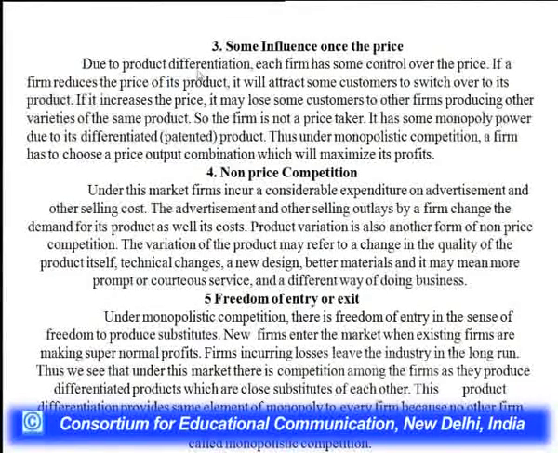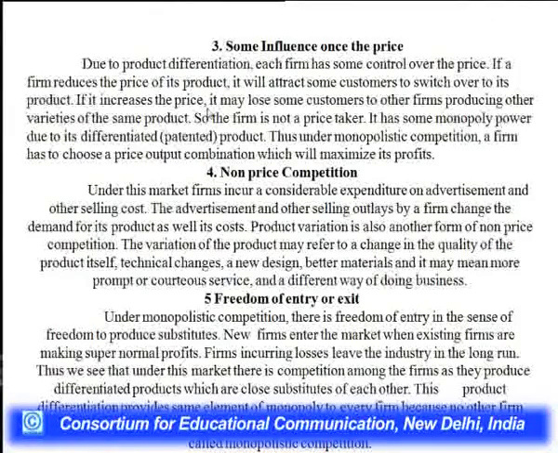Then another feature is some influence over the price. Due to product differentiation, each firm has some control over the price. If a firm reduces the price of its product, it will attract some customers to switch over to its product.